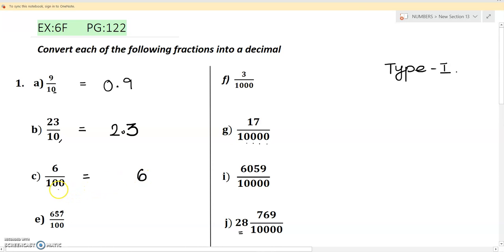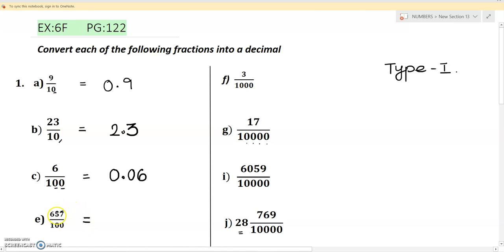Now count the number of zeros. 1, 2. We have 2 zeros in the denominator. So we have to place a dot before 2 digits. See here we have only 1 digit. For the remaining digit we are going to add 0 and then place a dot. 6 by 100 is equal to 0.06.